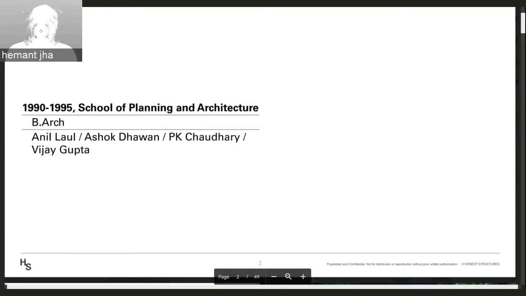I put this down here. I went to the School of Planning and Architecture. I got my bachelor's degree in architecture there, and I was thinking about what I would say about intellectual property, or what I even knew about intellectual property at that time. And it really wasn't very much, but I realized that it was actually these four people who encouraged me to think differently and to think clearly, and often just to think.